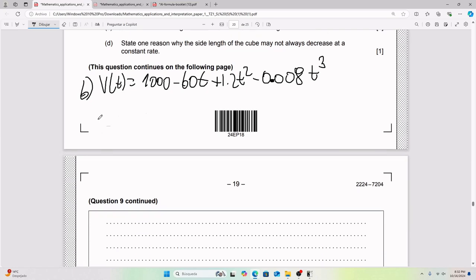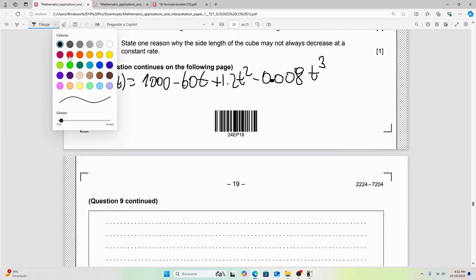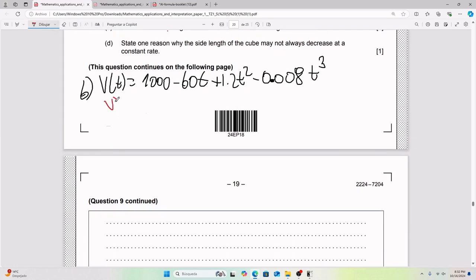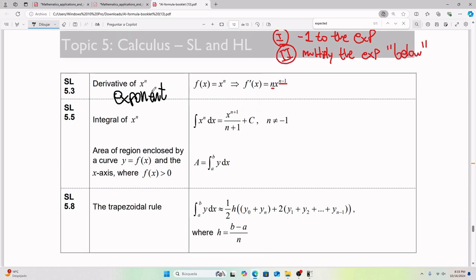So if you go ahead and do the derivative from here, it's very interesting what happens with this first term, right? Because as we saw in the formula booklet, the derivative of an exponent, the exponent goes down multiplying, ¿cierto?